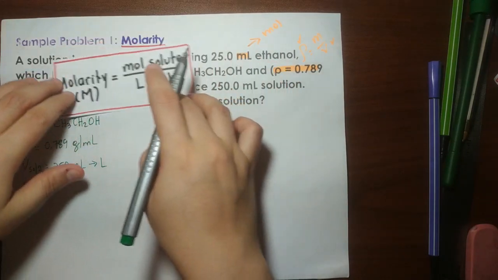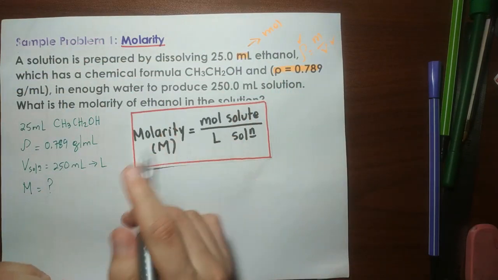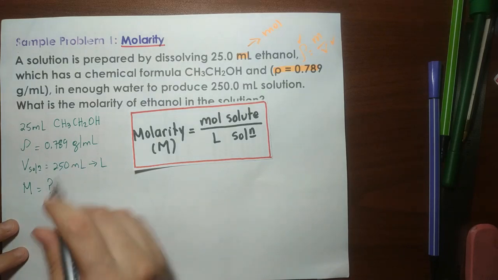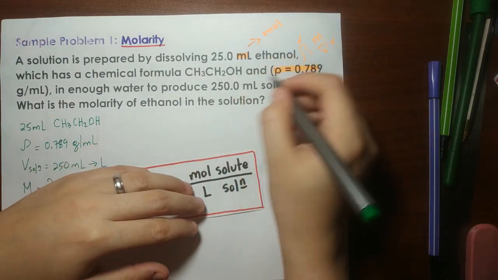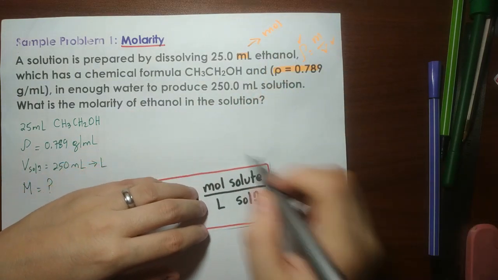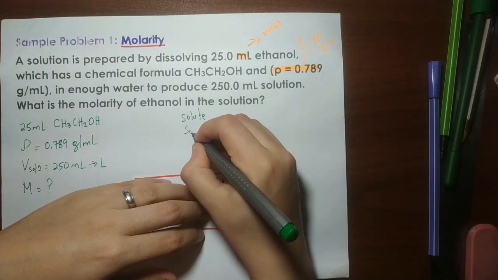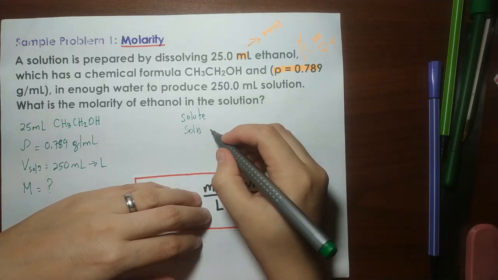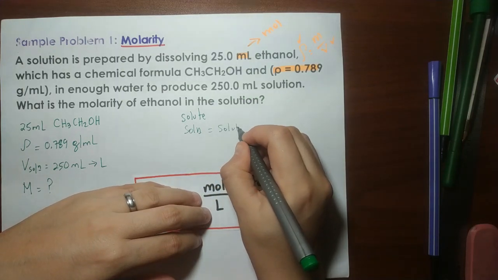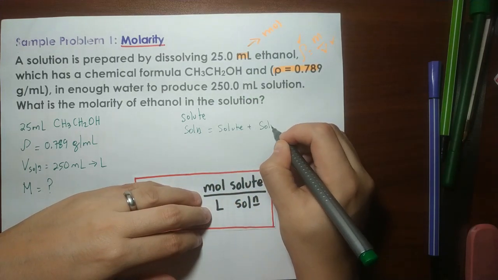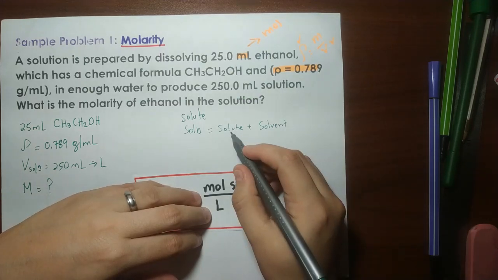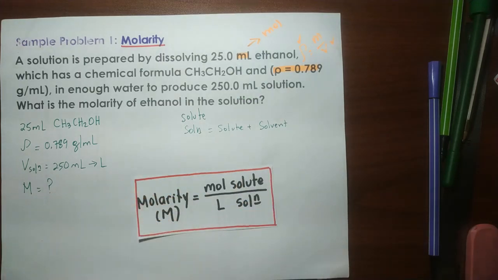So the idea of this problem is that first of all we define what is the solute and the solution. The solution is equal to the solute plus the solvent. Now the solute is the substance that is going to be dissolved.